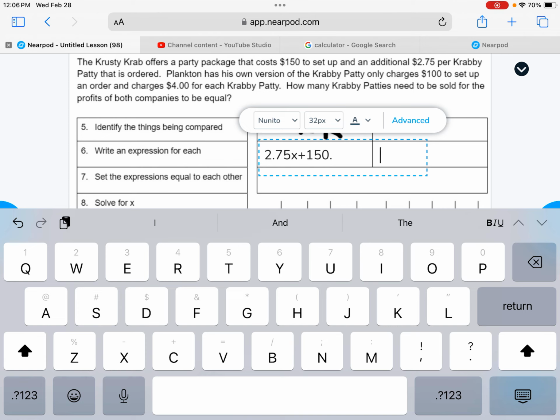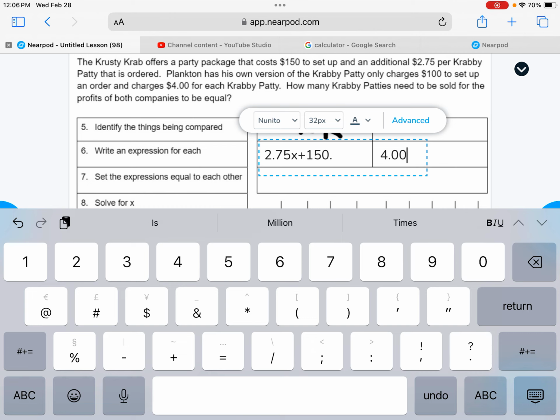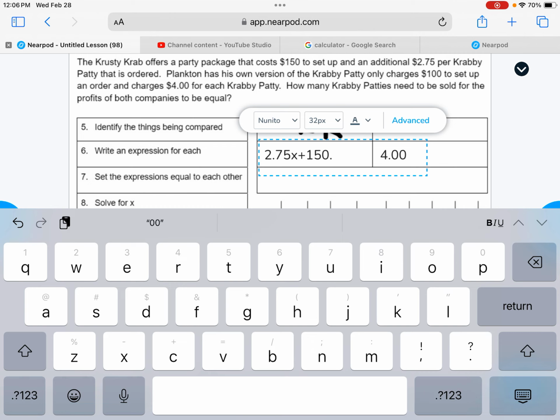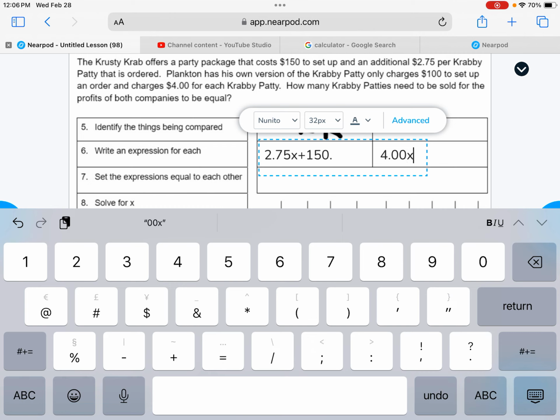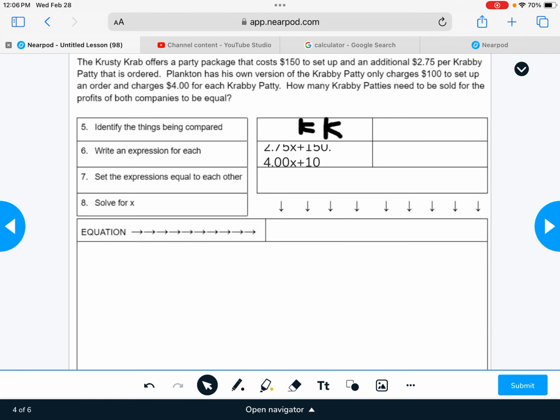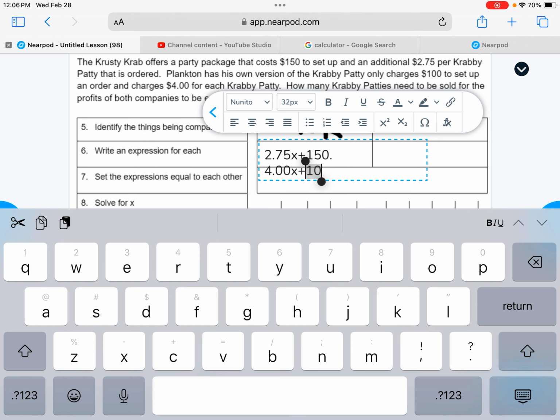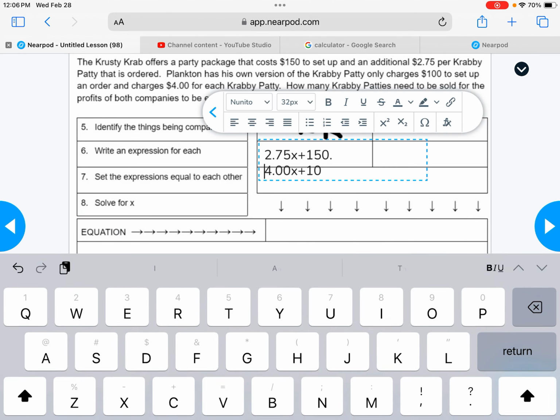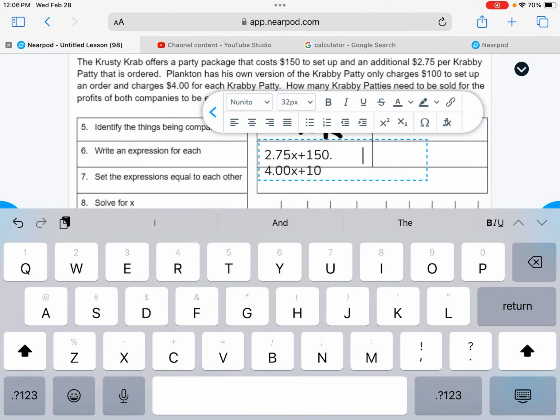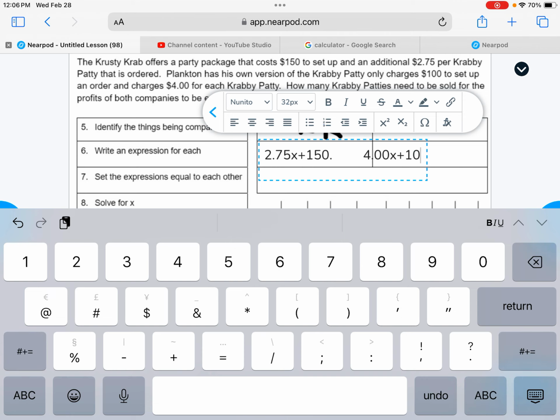He's charging $4 per Krabby Patty. And since that depends on how many people show up, that's where the X comes from. But he's only charging $100 for that. I don't know why it's not stretching out. I apologize. Let me backspace a couple of things real quick. He's only charging $100 for that party to be set up there.